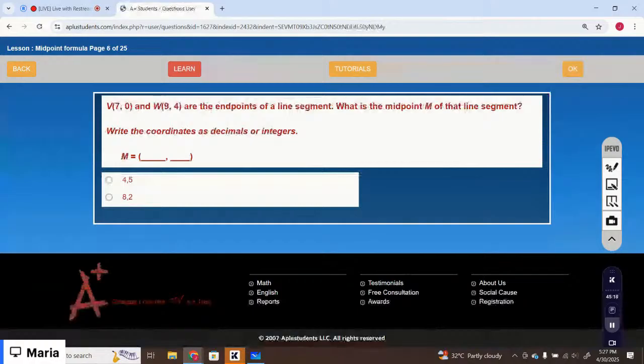V is (7, 0) and W is (9, 4), the endpoints of a line segment. What is the midpoint of the line segment?